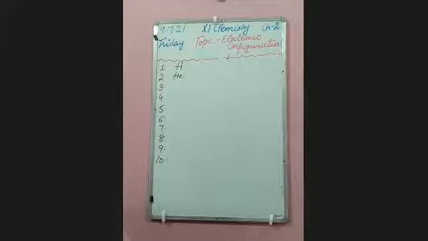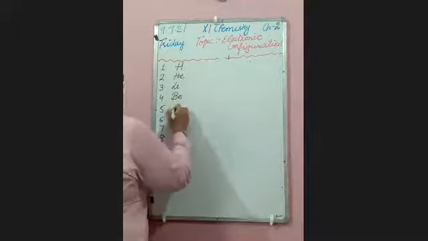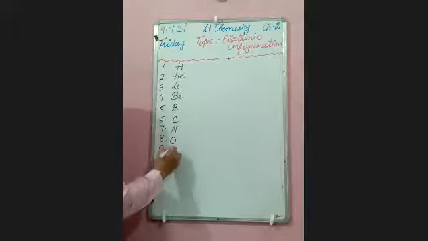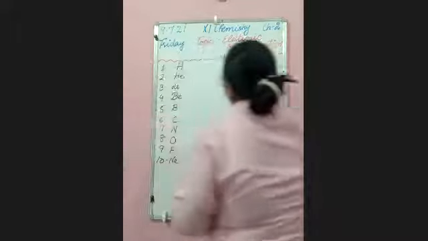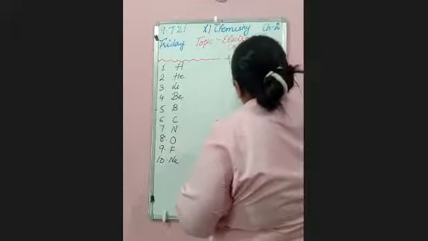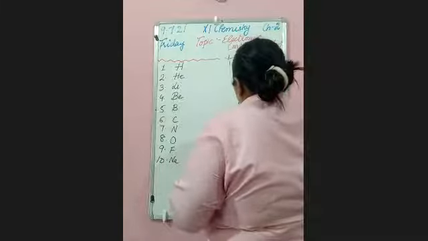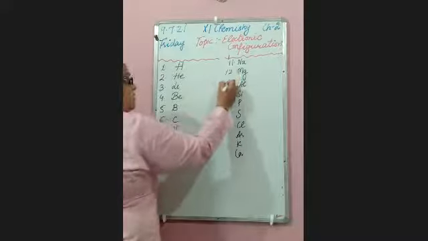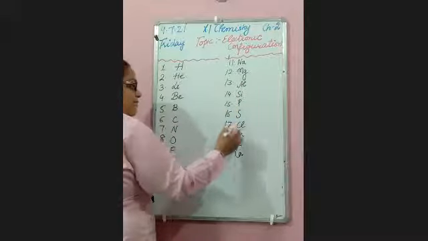Hydrogen, helium, lithium, beryllium, boron, carbon, nitrogen, oxygen, fluorine, neon. After that, sodium, magnesium, aluminium, silicon, phosphorus, sulfur, chlorine, argon, potassium, calcium. After that, I will write. Start writing with me.